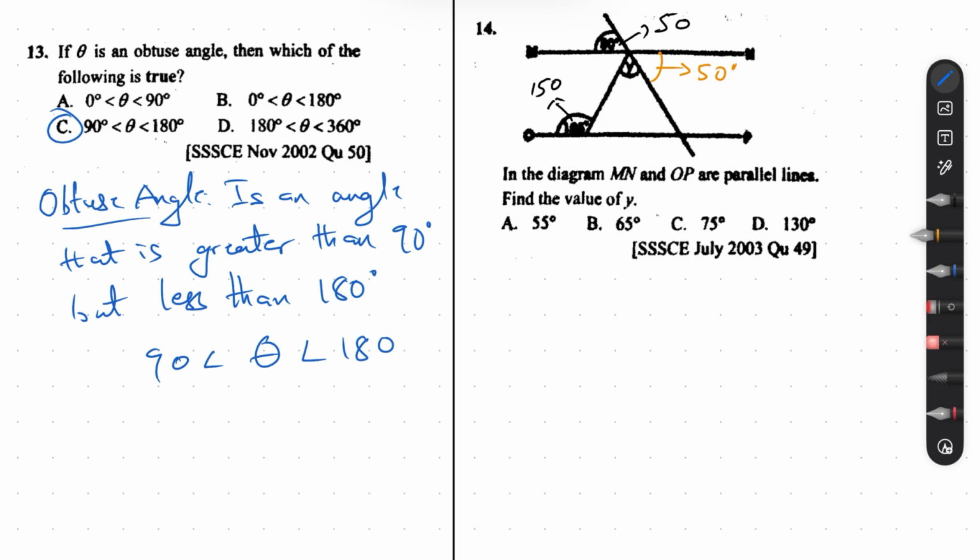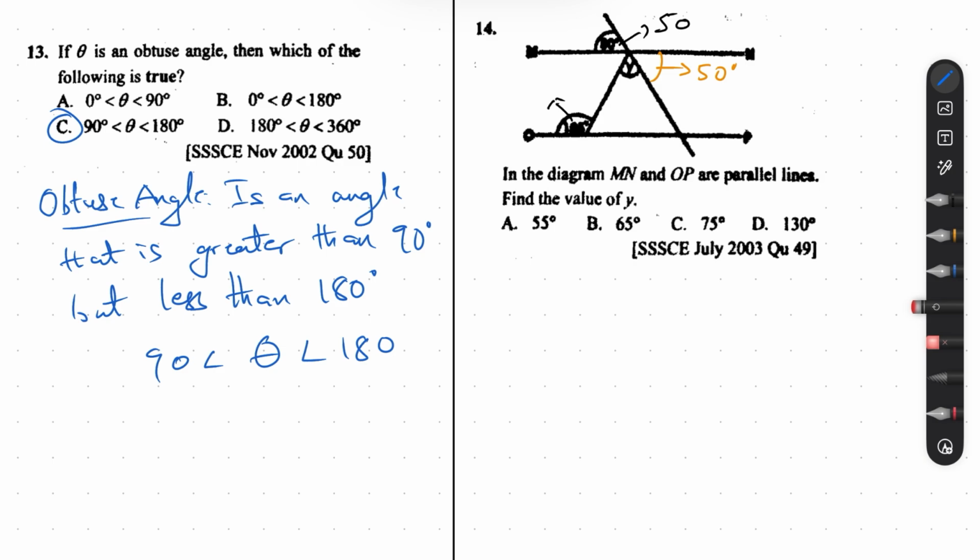Now let's go to the main question. Find the value of y. How can you find that y? When we look at these parallel lines, we can find alternate angles. For example, this, which forms a Z, is an alternate angle. So this angle, is it 150 or 105? I think it's 105. Sorry, it's supposed to be 105.